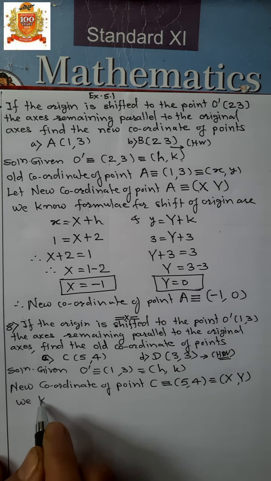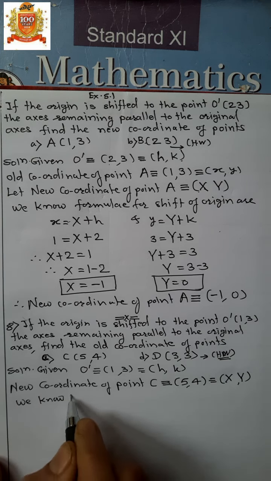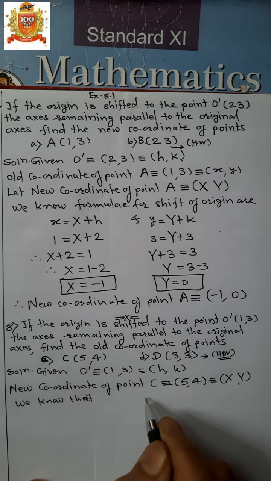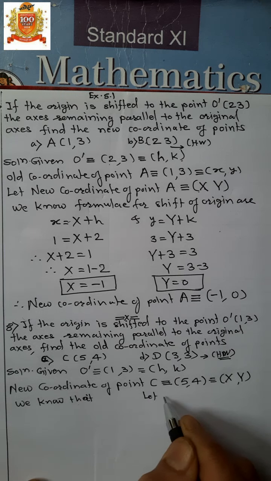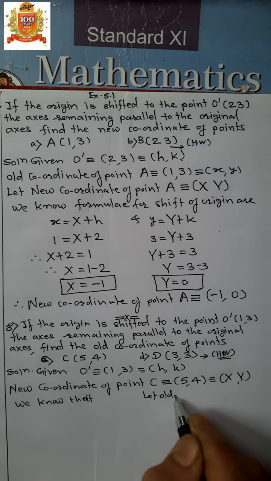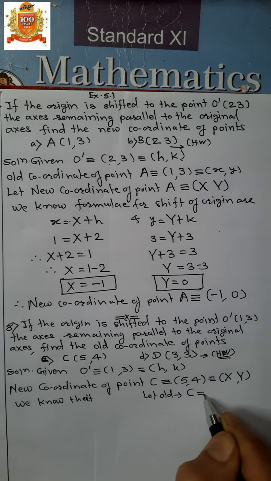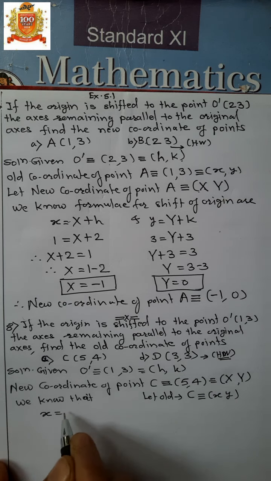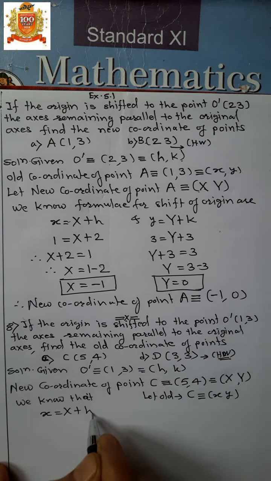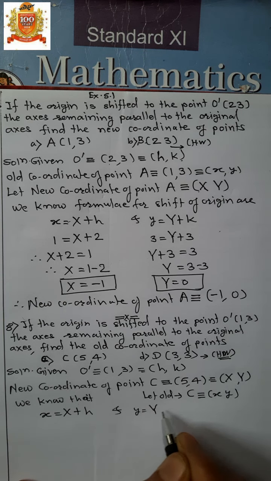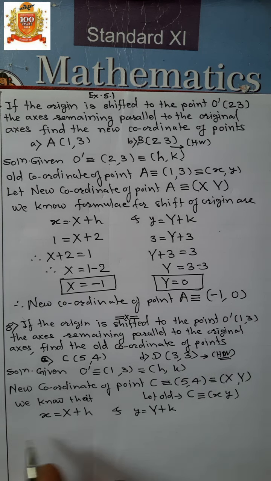We know that, let the old coordinate of point C be small x, y. We know that small x is equal to capital X plus h and small y is equal to capital Y plus k.